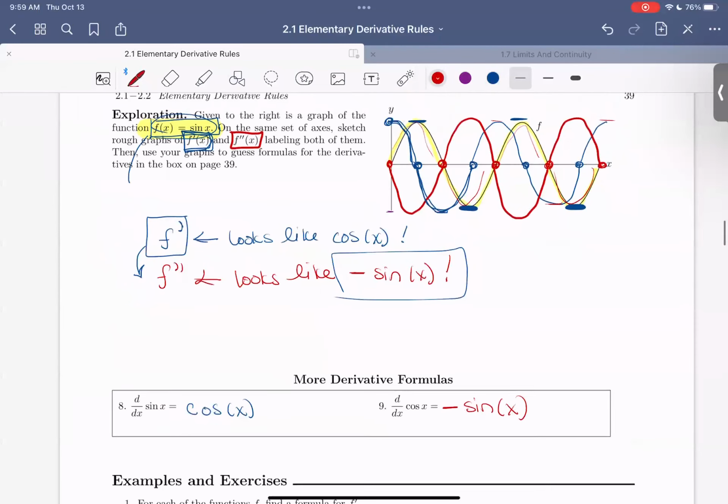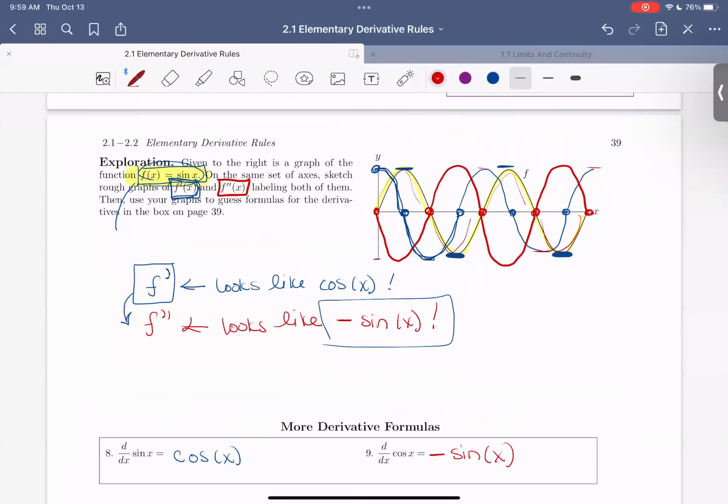So for these trig derivatives, it might take a while to get used to this pattern and to get used to, okay, derivative of sine is cosine, derivative of cosine is negative sine. One way that's helpful to think about it is to imagine the sine function. Imagine what the tangent lines are at a point. Oh, they start positive. So the derivative is a positive cosine. And then consider the cosine function.